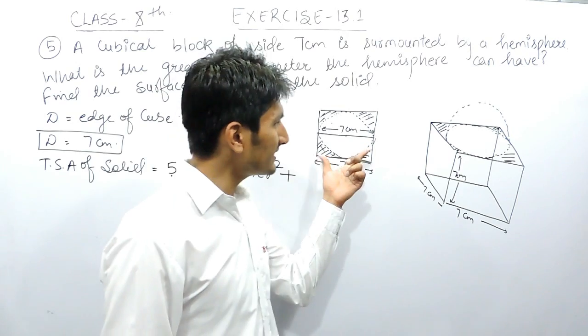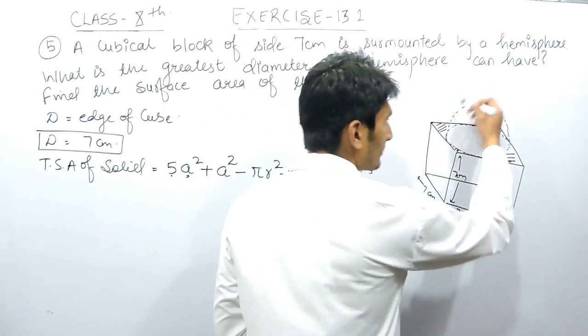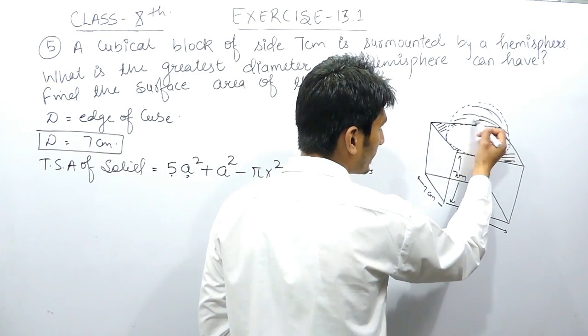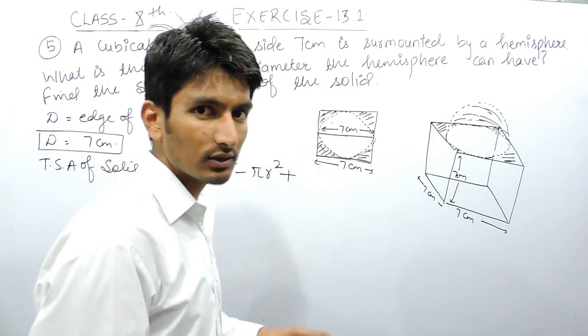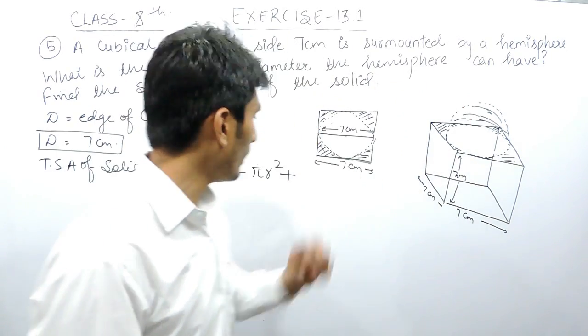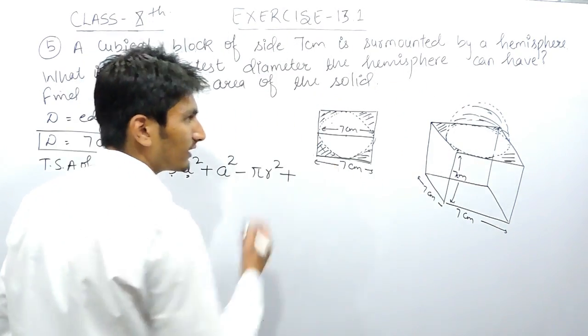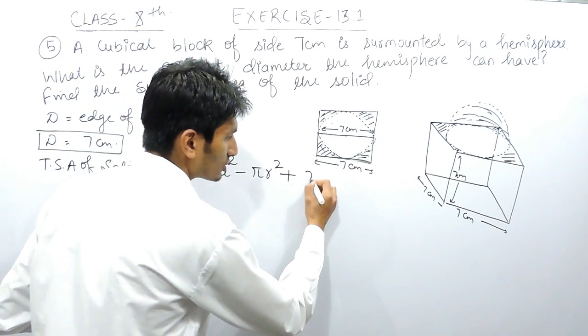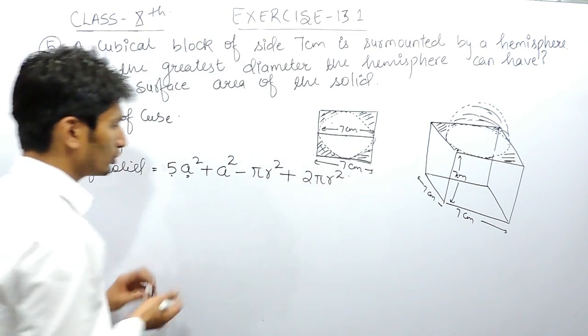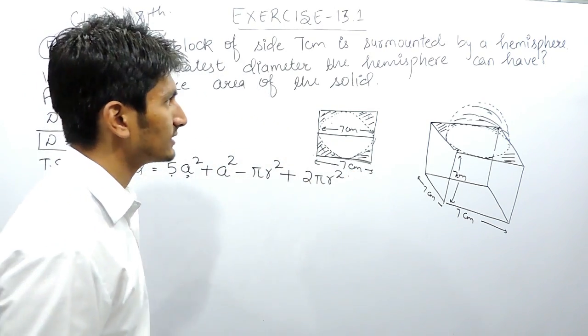Plus, on the top of this sixth surface the hemisphere is placed, so the curved surface of this hemisphere will also be visible to us. Can you imagine this? So I have to add the curved surface area of the hemisphere, which is 2 pi r square. So this is the complete surface area of this solid.